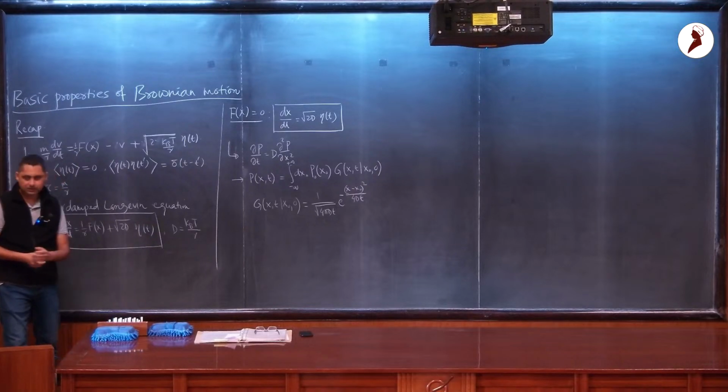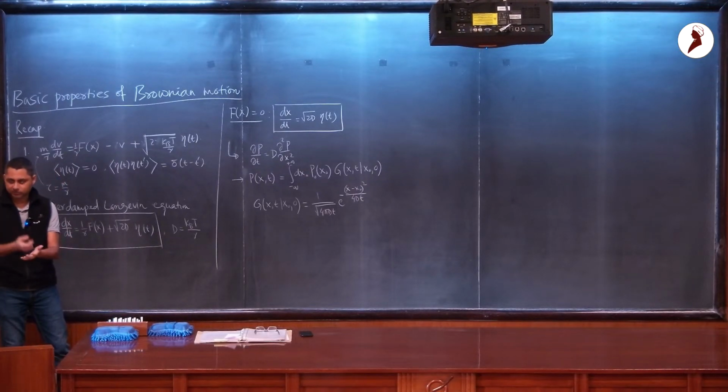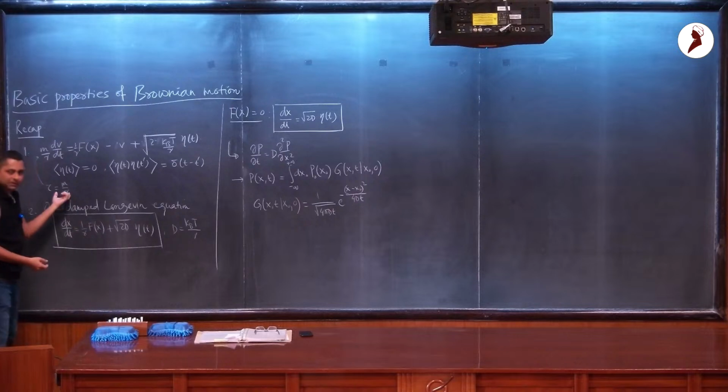Now imagine that you are looking at the system under a microscope. As I said, if you compute this number for a 1 micron particle in water, depending on the density, it's somewhere between 10 to 100 nanoseconds.